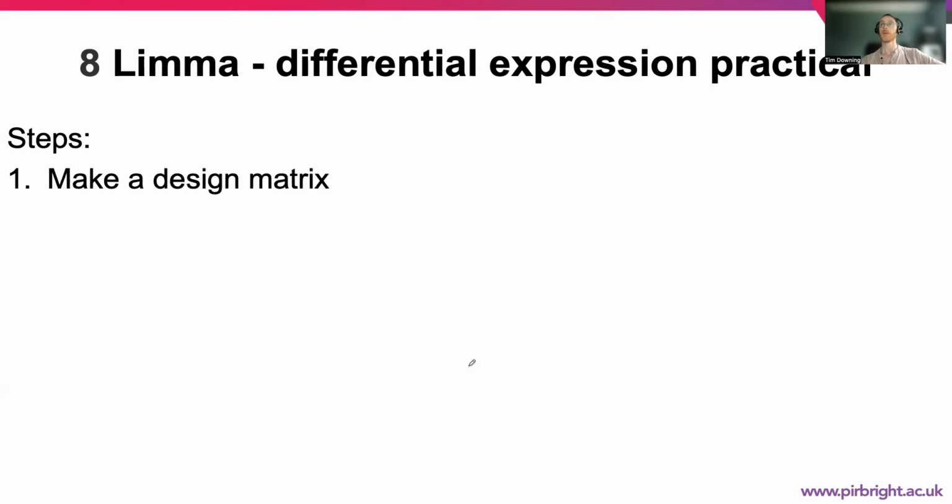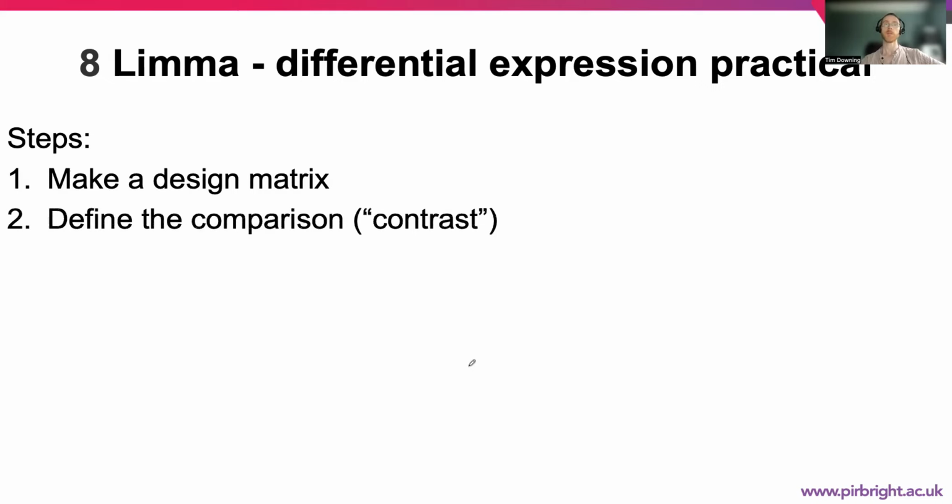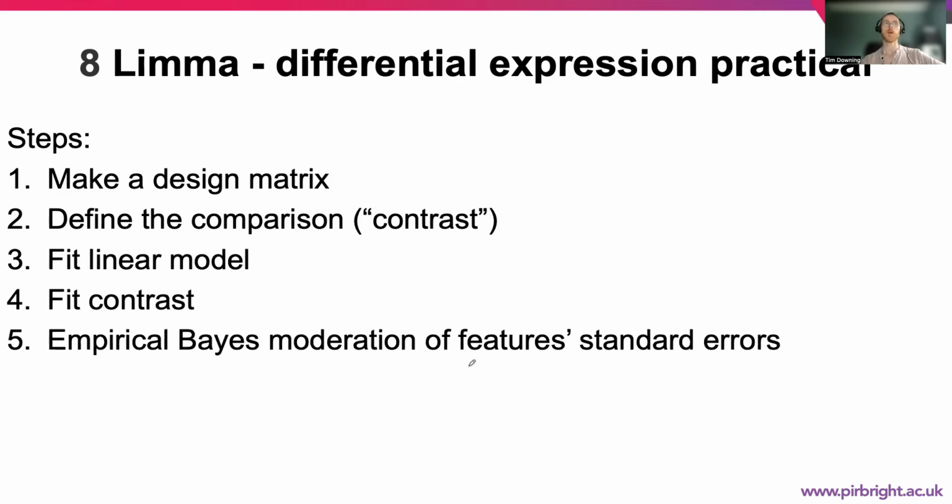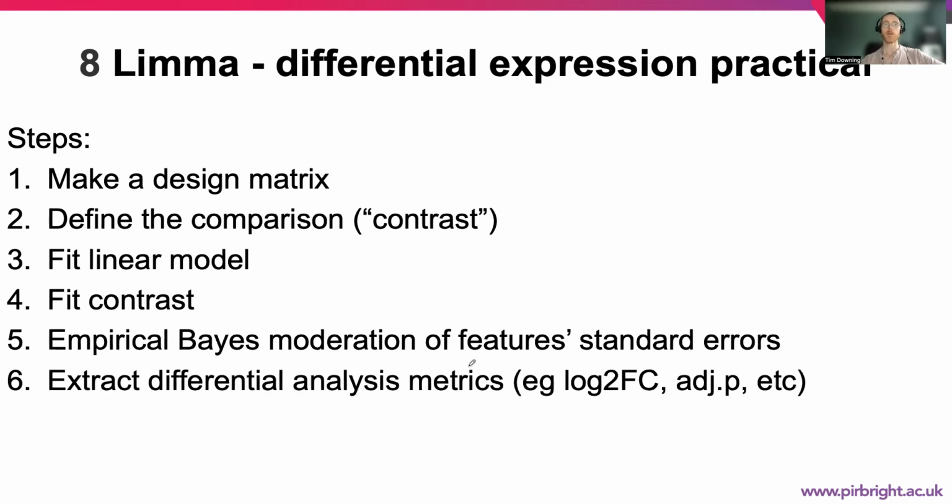We have to set up a design matrix to define what groups we are comparing. We want to define the comparison that is of interest, fit a linear model, fit a contrast model, contrast where possible, and apply empirical Bayes moderation of the features, which means we can then generate the key metrics such as the F value, log2 fold change, adjusted P value, and so on to assess further.